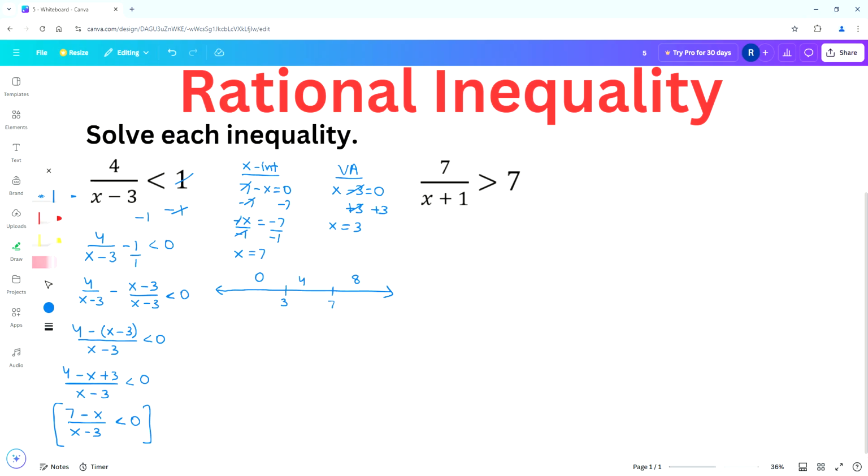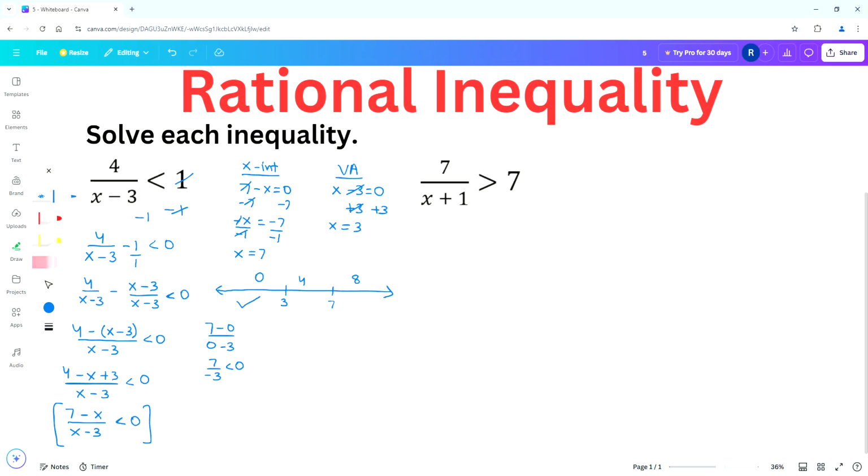Let's start with x equals 0. This fraction has a negative value, so it's less than 0. That means the interval on the left side of 3 satisfies the given inequality.